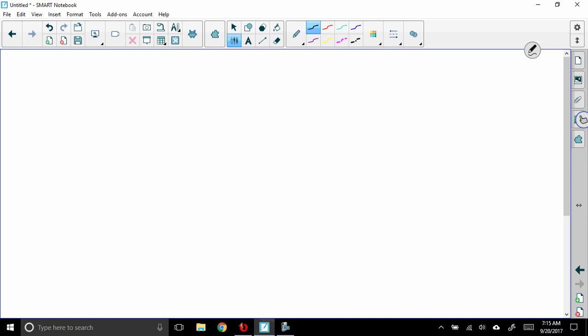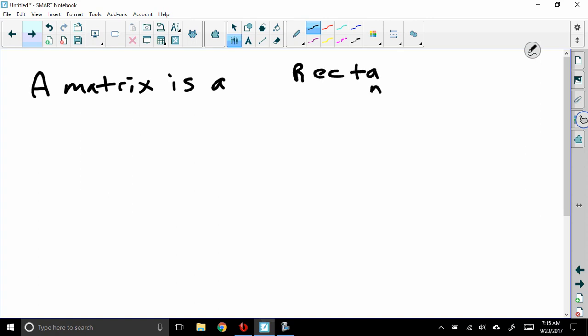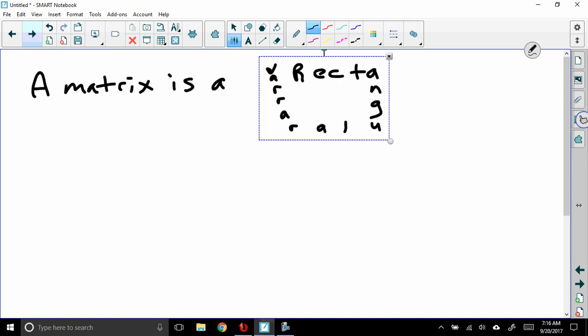So you're probably thinking to yourself, well, he didn't say anything at all about what a matrix is. So here we go. Here's the definition. A matrix is a rectangular array of elements.